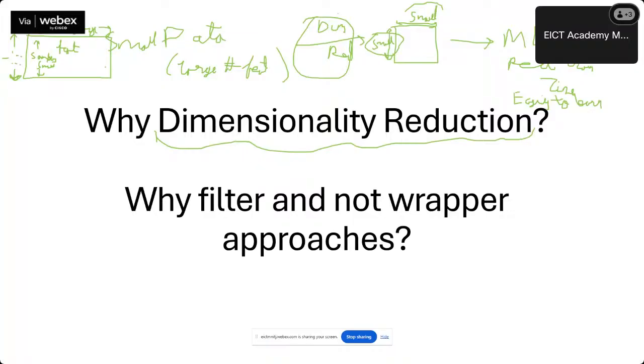So I need to find out everything that I could do in order to reduce the dimensionality, because my data actually becomes very small. Those problems still exist.